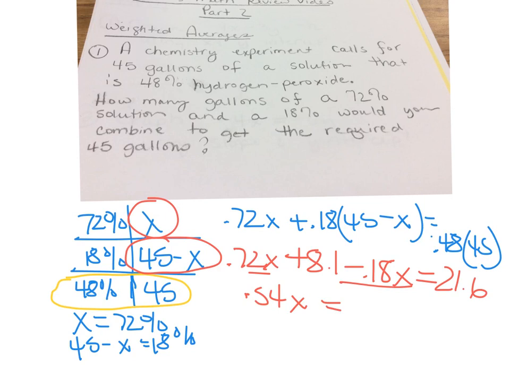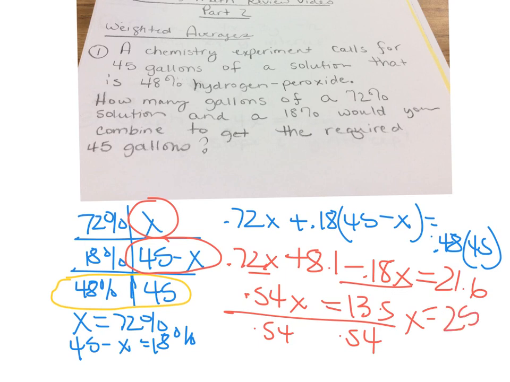That gives me 13.5. I'm going to divide both sides by 0.54. When I do that, I get 25 as my answer. So that means that we need 25 gallons of the 72% solution, and then 45 minus 25, I need 20 gallons of the 18%.